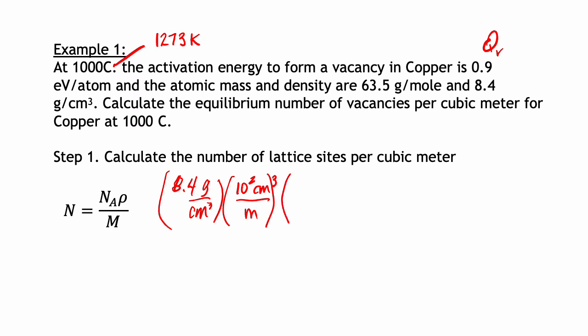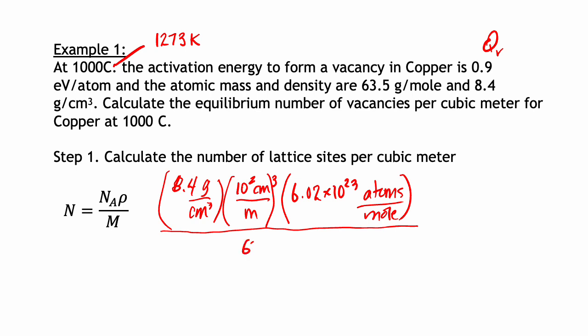I can multiply by Avogadro's number, 6.02 times 10 to the 23rd atoms per mole. And then I can divide by the atomic mass, 63.5 grams per mole. So the grams will cancel, the moles will cancel, the centimeters will cancel, and I'm going to have atoms per cubic meter. So calculating that.